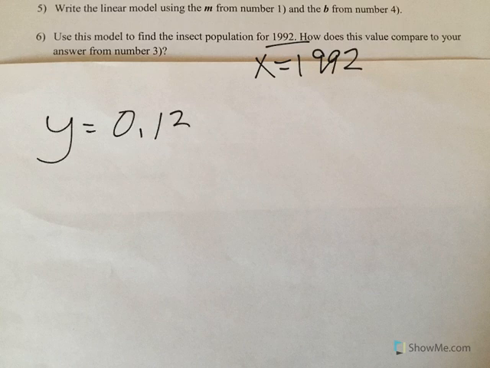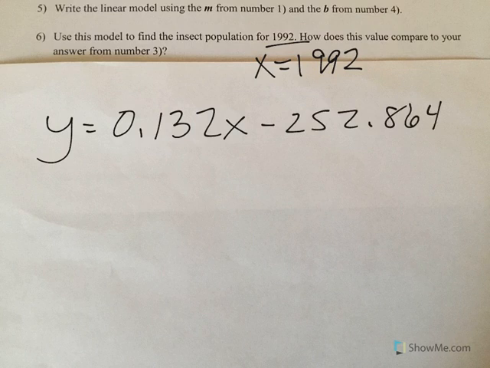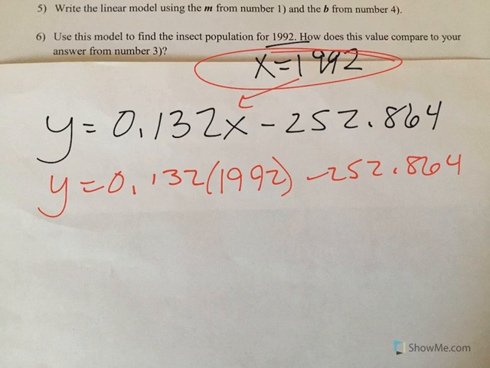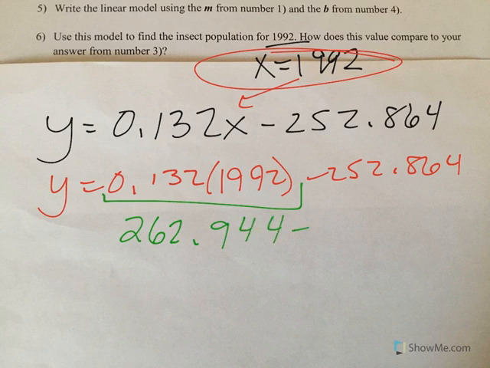So using this equation, all we're going to do is take this exact year and plug it in for x. 0.132 times 1992. So I multiply these first, and I get 262.944.